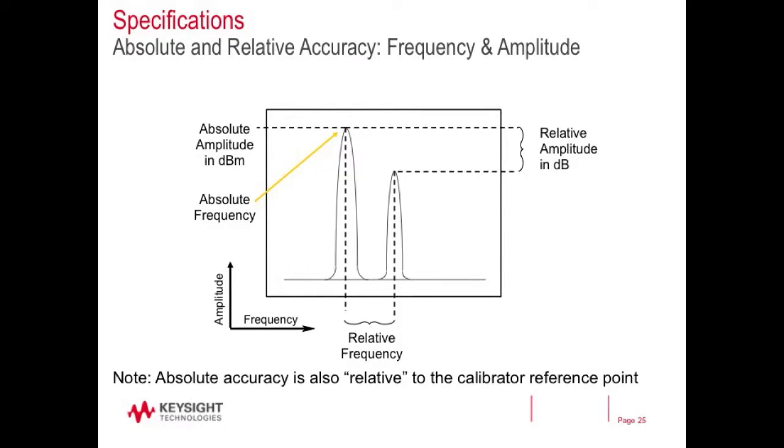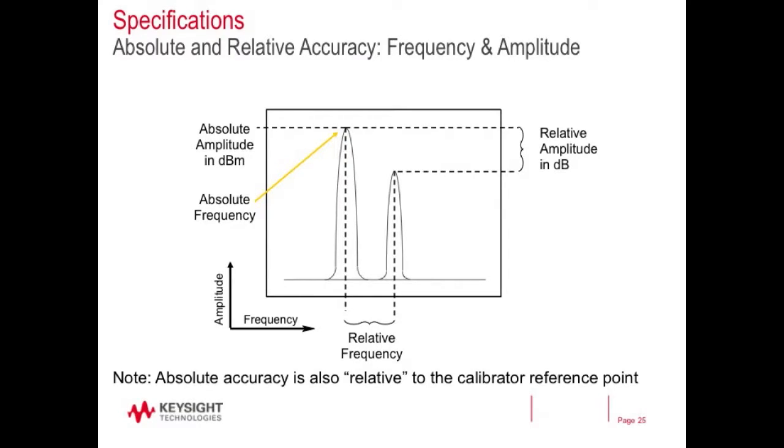So another thing that customers are always interested in is magnitude and frequency accuracy. They're interested in the absolute amplitude of a signal as well as the relative amplitude of two signals or more as they relate to one another. The relative amplitude accuracy always tends to be a little more accurate than the absolute amplitude accuracy.